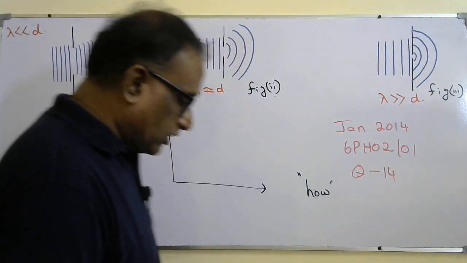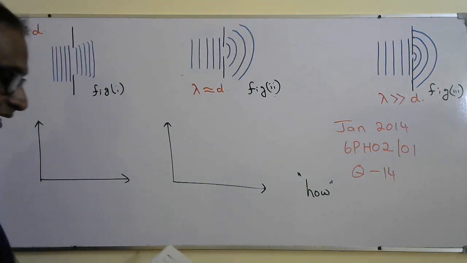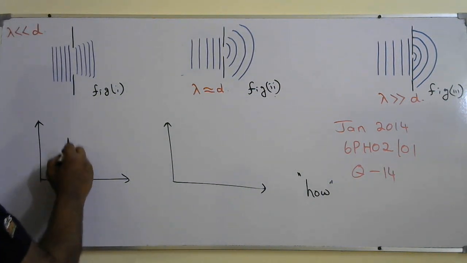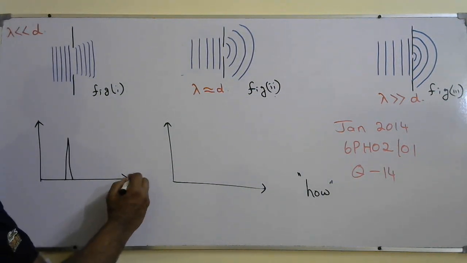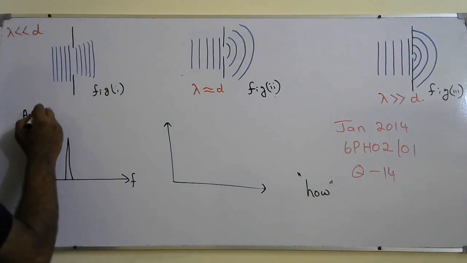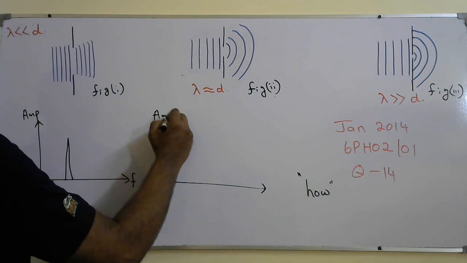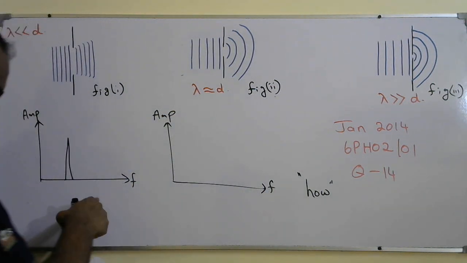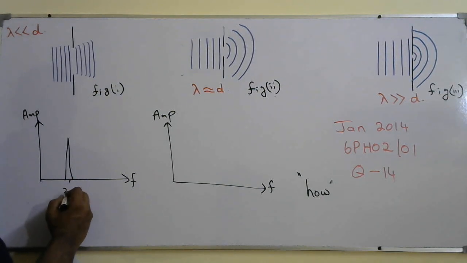The frequency of the wave is plotted against the amplitude of the sound. For the male, the peak is given at almost 300 hertz.